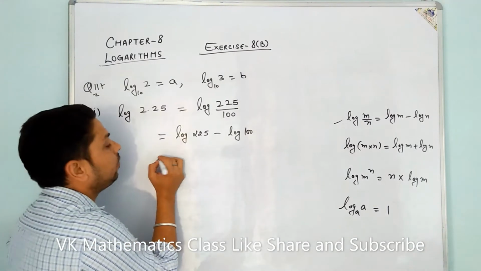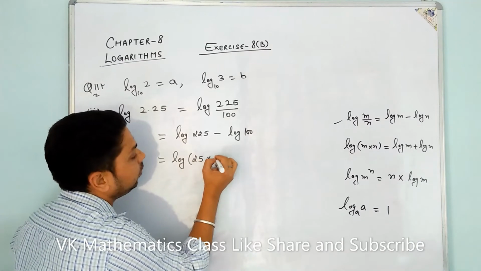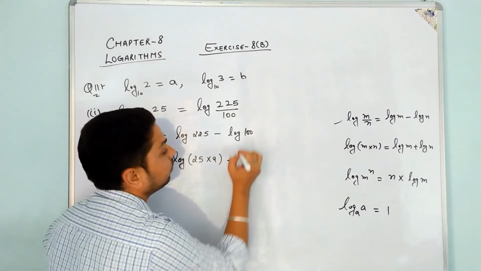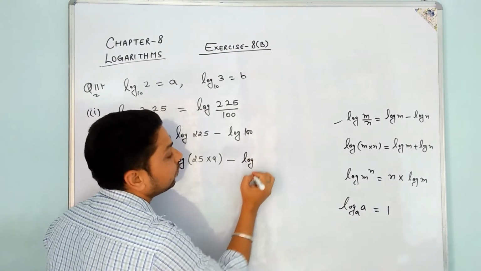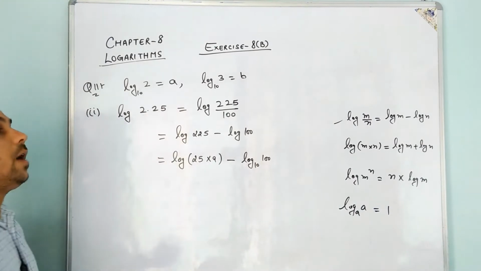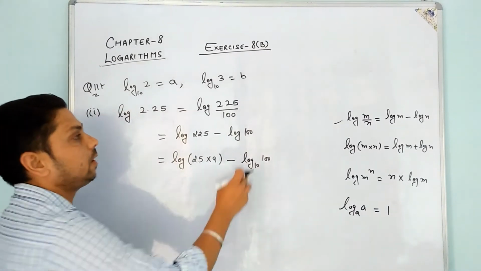Now 225 can be written as 25 into 9. Log of 100, if nothing is given, base 10. What power of 10 will give 100?